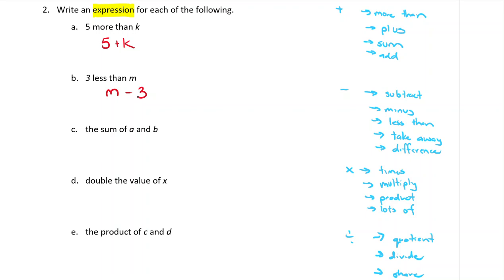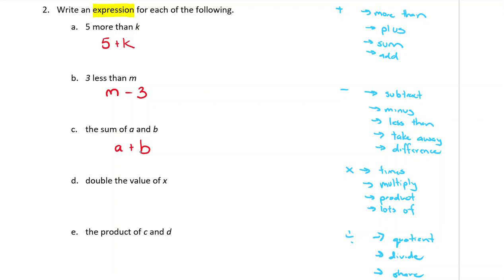The sum. What does the word sum mean? Plus, good. So I want to plus A and B. So that just means an A plus a B. While we're here, it doesn't matter if I switch the order when I'm adding. A plus B and B plus A, when you're adding, it's the same thing. But with minus, the order is important.